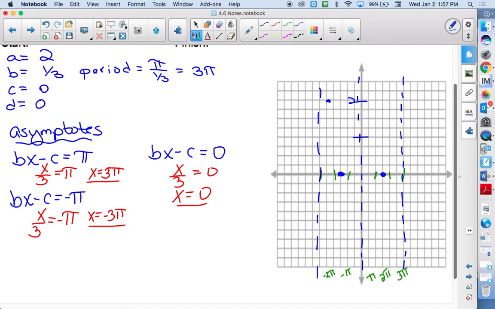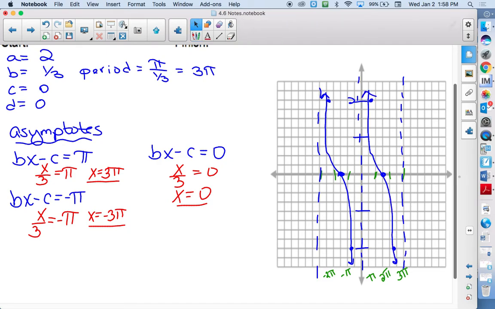In the middle on the right side, we're going down to negative 2. So cotangent decreases, tangent increases. So in between the asymptote and the intercept on the left, it starts high and it ends low. And that 2 value is the only thing that you're using to get that second point.